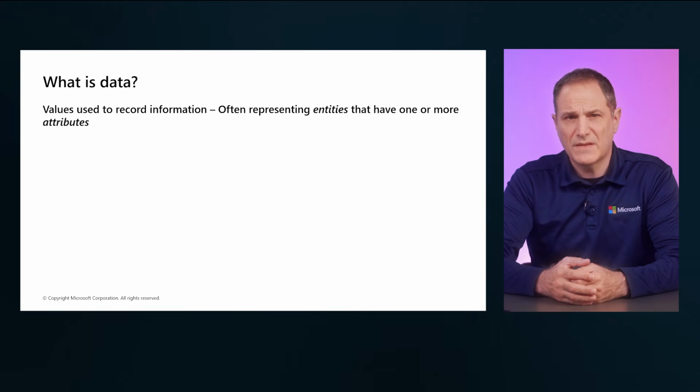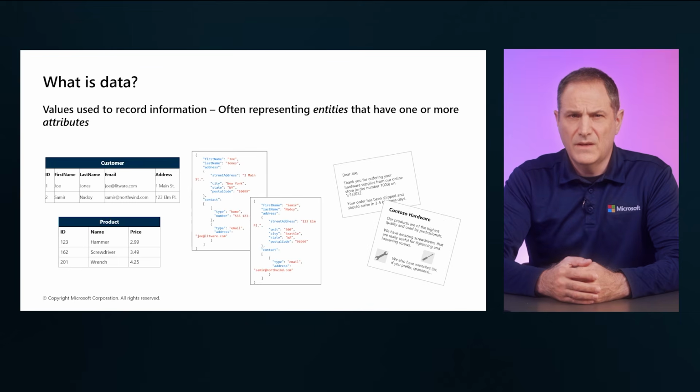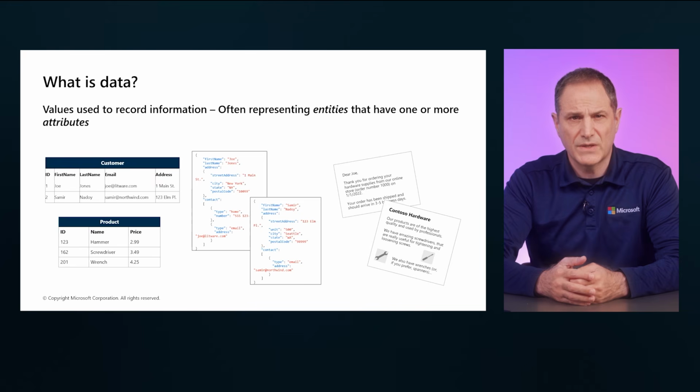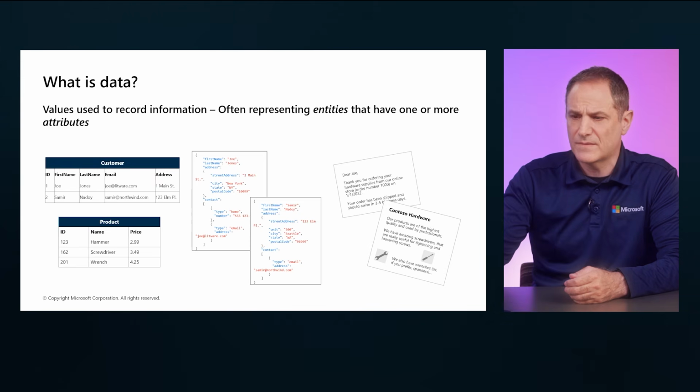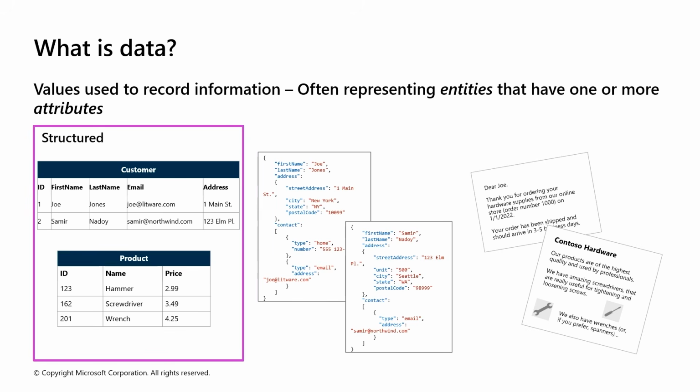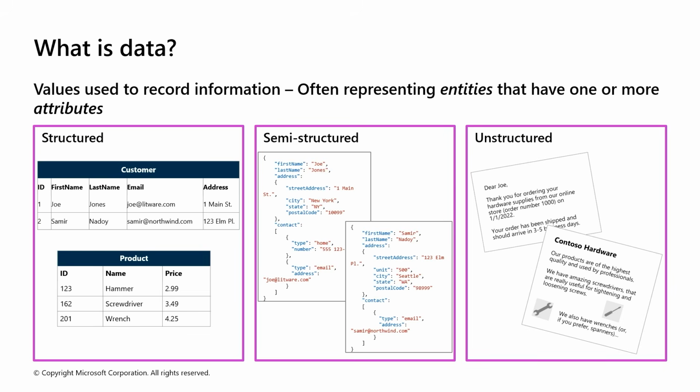The structure makes it easier to store, search, and analyze. Not all the data is organized in the same way. Based on the structure, data is commonly classified as structured, semi-structured, and unstructured.